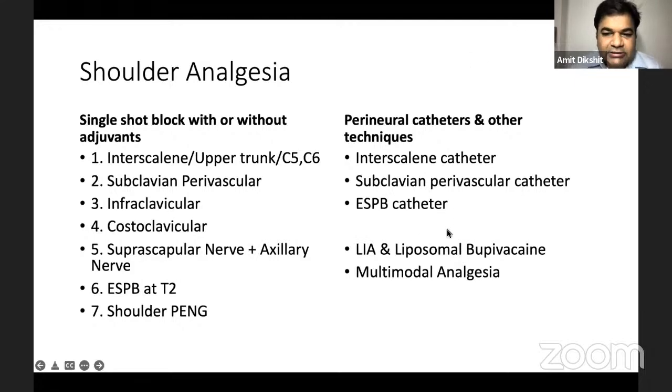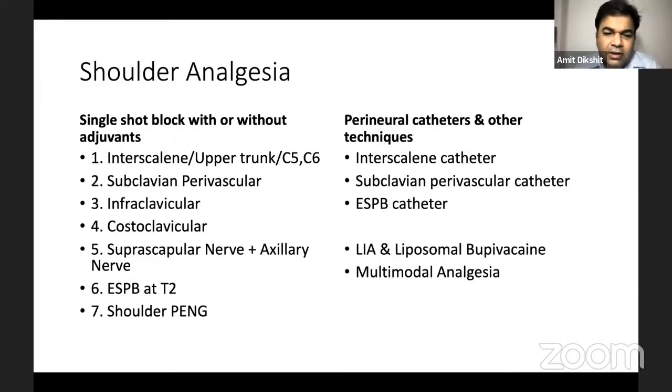For long-term strategies, where we want very good quality of analgesia with continuous catheters, it could be an interscalene catheter. We have tried a subclavian perivascular catheter, and we have placed the catheter in such a way that the pericatheter leak does cover the suprascapular part, which is in the lateral. I will be showing you in the subclavian area, the lateral part where we have this suprascapular nerve.